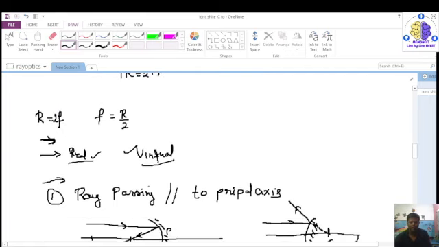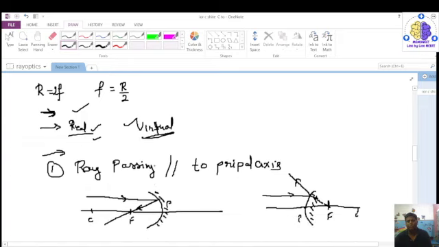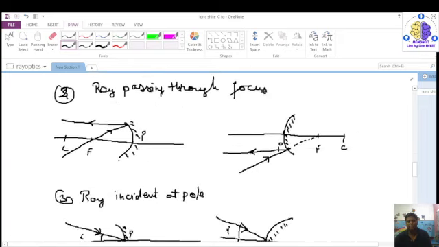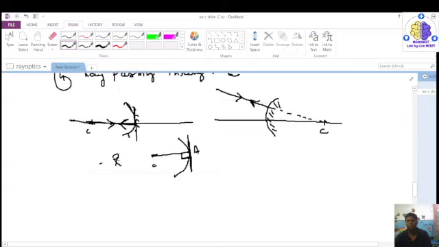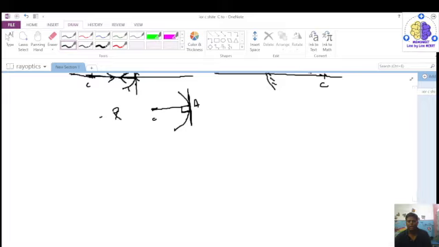So what we have seen till now is that images are formed only when the two reflected light rays meet at a point, or they appear to meet at a point. When they actually meet at a point, they form a real image, and when they appear to meet at a point, they form a virtual image. Then we saw four different types of rays which we will be using while forming the image using your concave mirror and the convex mirror, right?